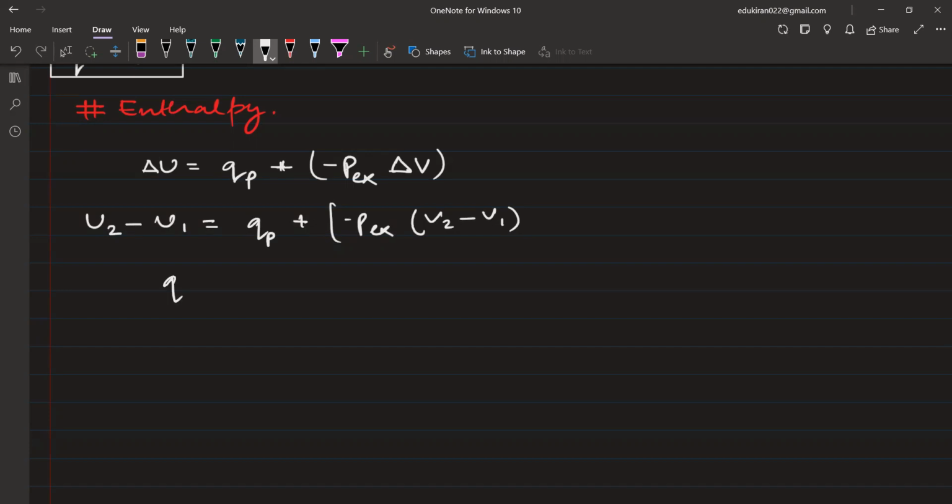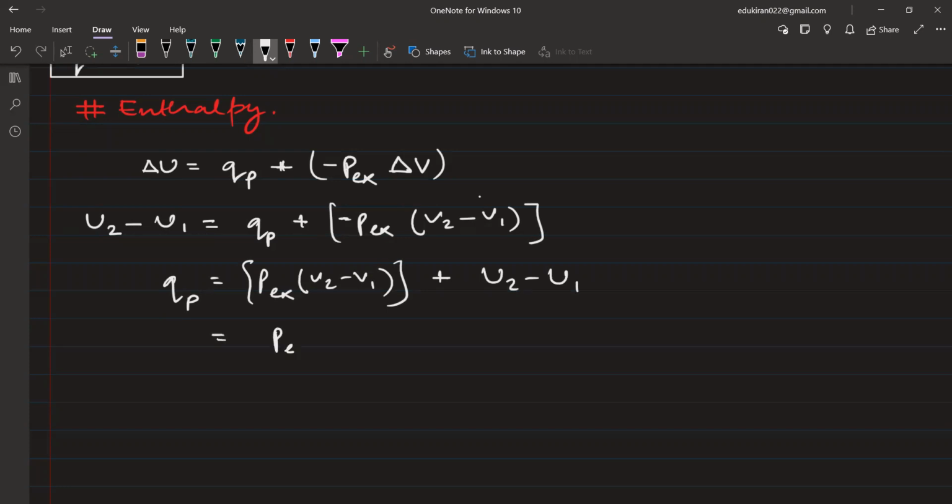Now QP will be equal to, QP किसके बराबर हो जाएगा, इसको अगर हम इधर ले आए U2 minus U1. अच्छा, एक काम करते हैं, इस पूरे को ना, let us get this whole thing that side. तो P एक्सटर्नल आपके पास पॉजिटिव हो जाएगा, सो राइट P एक्सटर्नल इनटू V2 minus V1. ठीक है, और यहाँ पे आपके पास प्लस U2 minus U1. तो QP यहाँ पे I have taken this P external part into the left hand side.